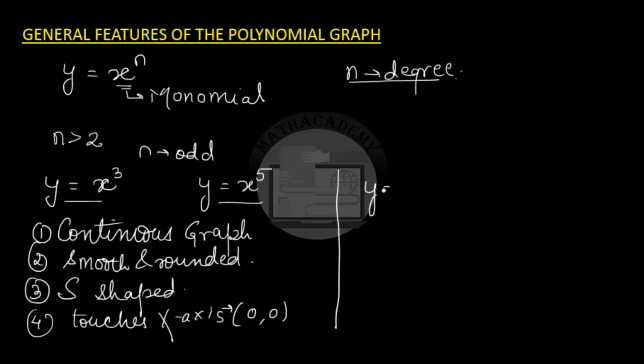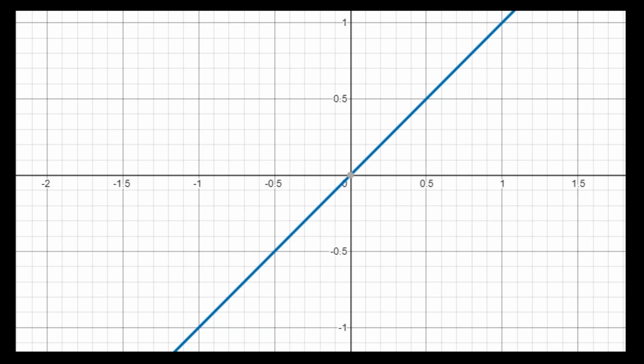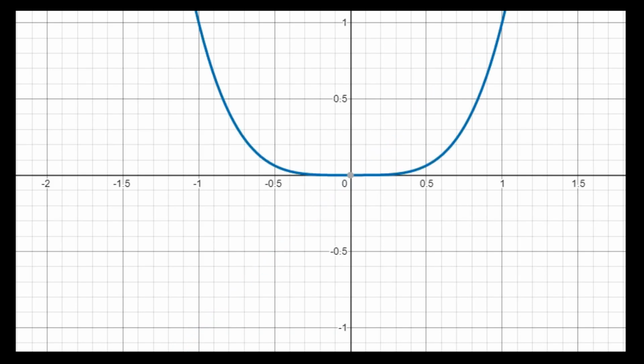Now let us see the graphs of the polynomial functions which have got even power or even degrees. So y is equal to x to the power 4 we will see, and y is equal to x to the power 6. Let us try plotting them. x to the power of 4.